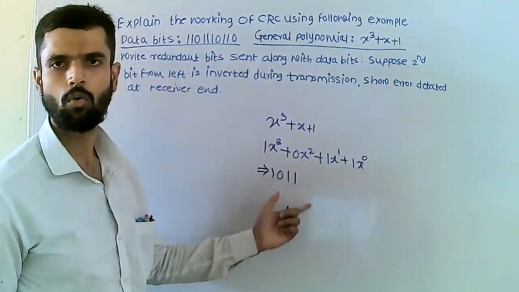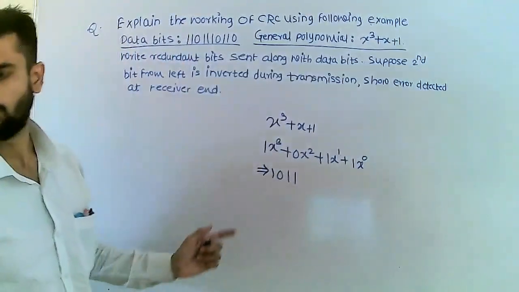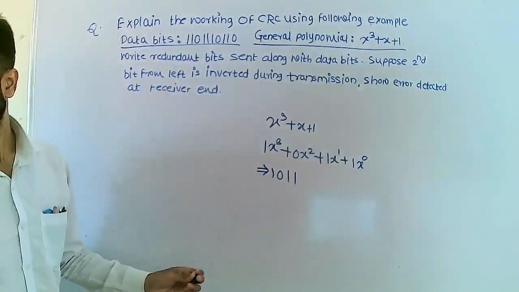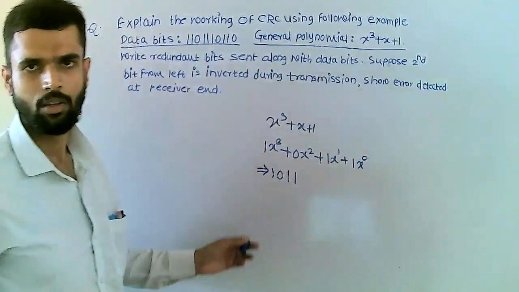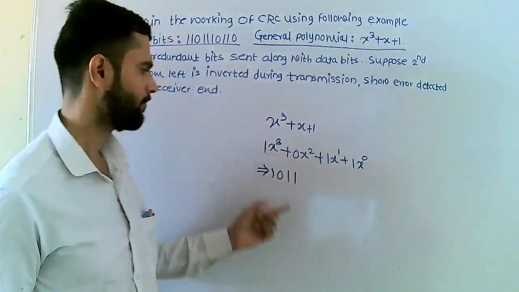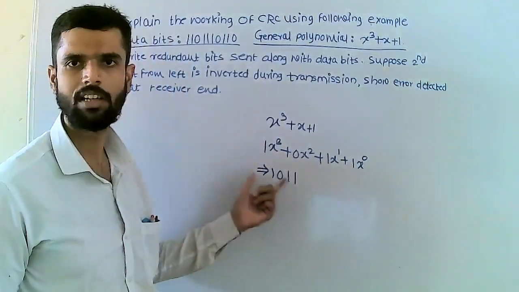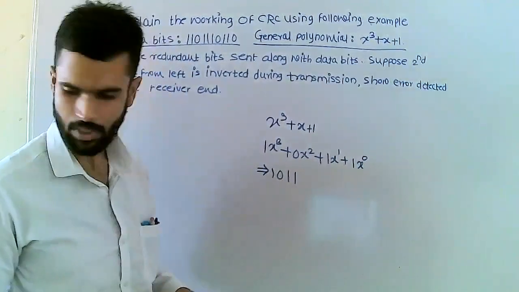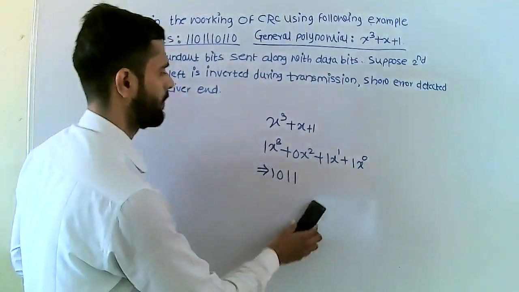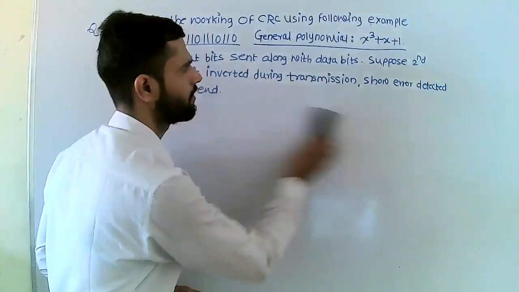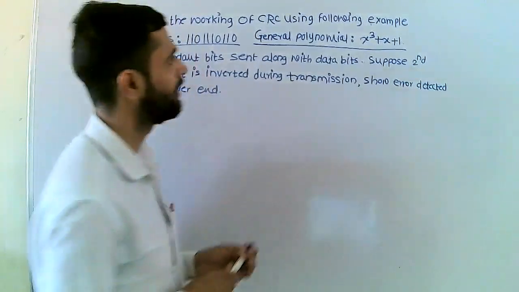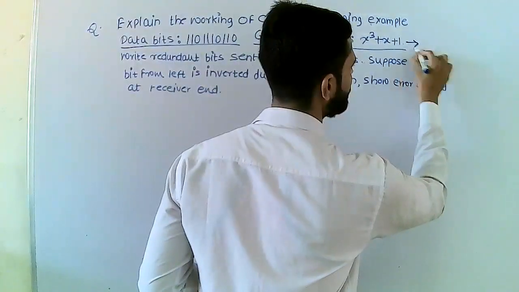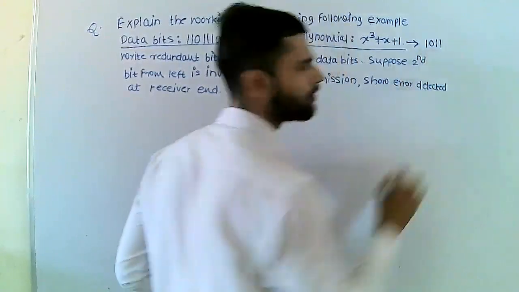This is the divisor, and its length is the length of the divisor. So now I am going to write the divisor here, that is 1011.